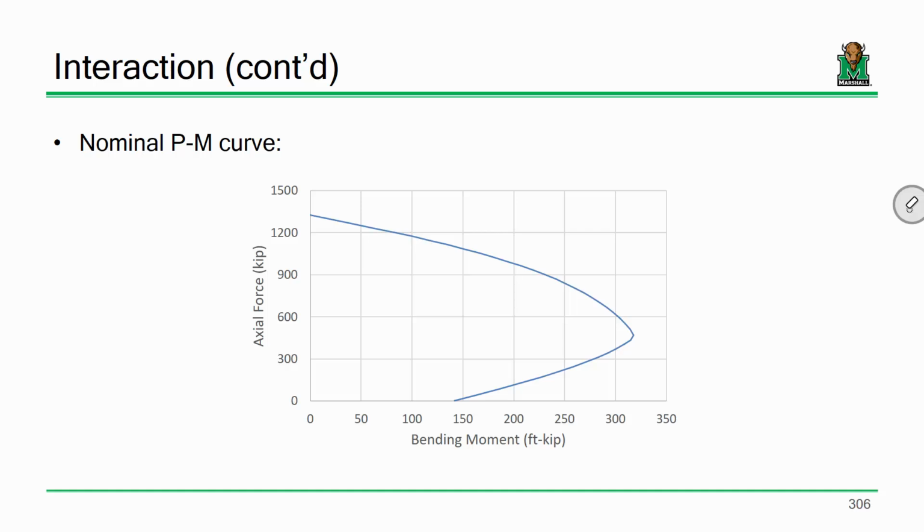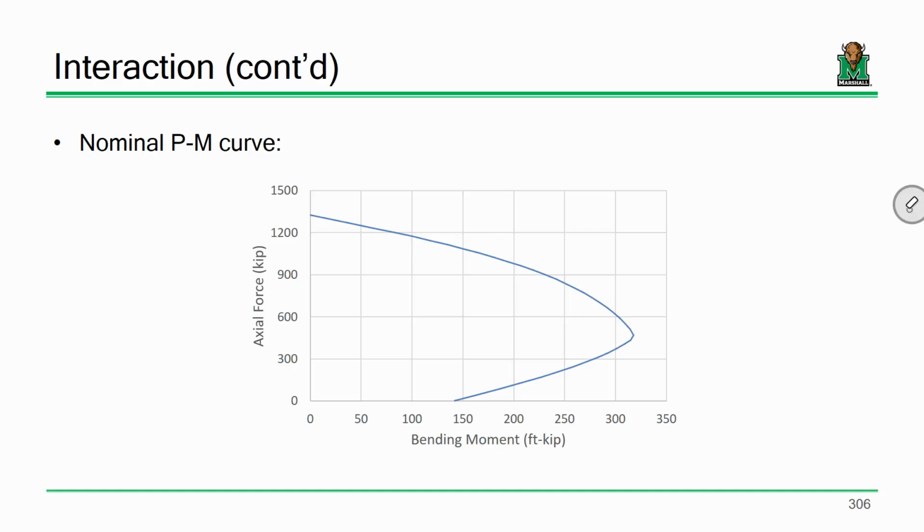And one of the things that's kind of interesting is that these curves, if you take a look at them, are kind of the genesis, if you will, of the concept of pre-stressed concrete. See, go back to that column. Under pure bending, no axial force at all, it could withstand a moment of about 145, was it?